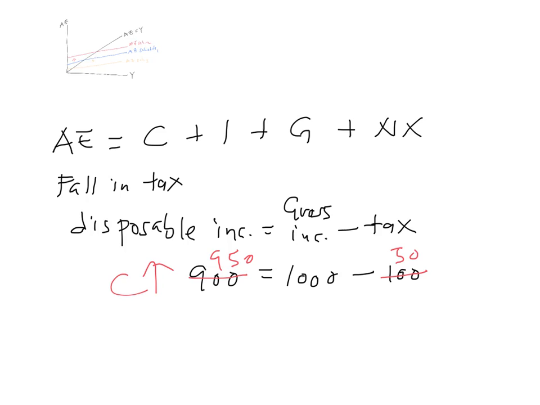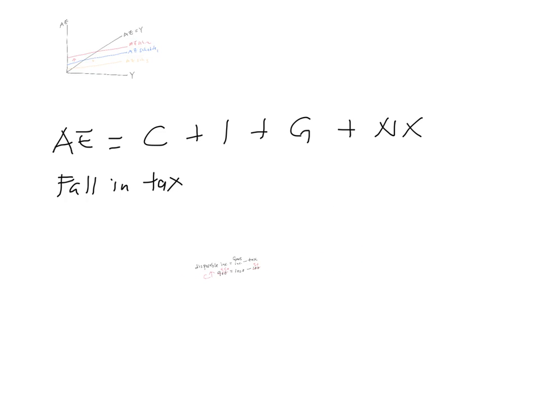You need to explain it. Okay, we could also have another situation. So I had fall in tax. Have another situation, I can say there has been, for example, an increase in interest rates.